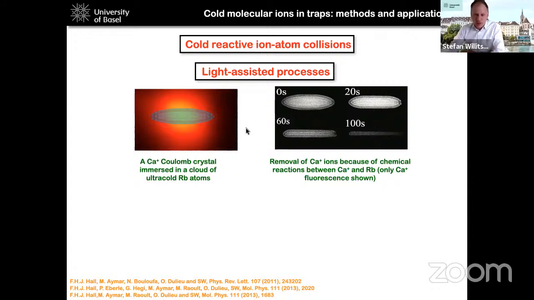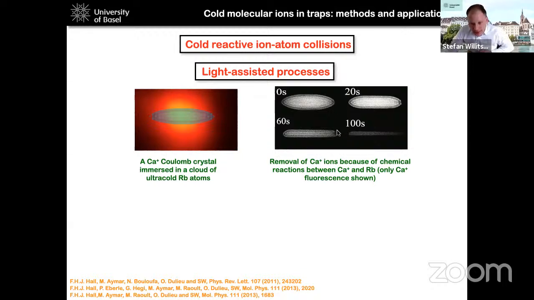So what we then saw in the very first experiments that we did, and this was also about 10 years ago, was that the calcium ions would disappear from the trap as a function of time. This is shown in this image here, which just focuses on the fluorescence of the calcium ions. One can see that this calcium Coulomb crystal shrinks in size over the time scale of a few minutes.